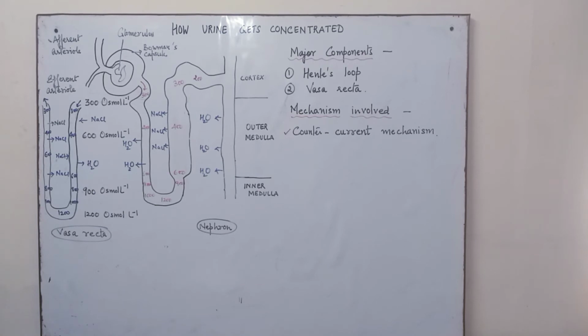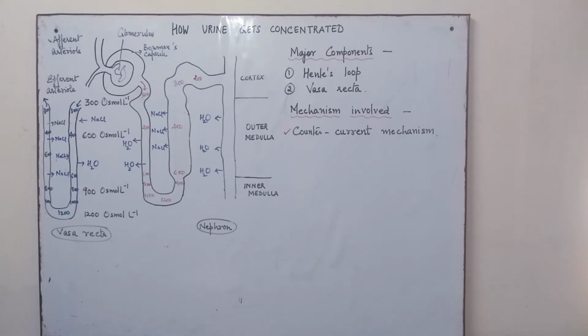Therefore, we say that Henle's loop is present in hypertonic interstitial fluid of the medulla because the concentration of solute is greater outside the cell than inside.